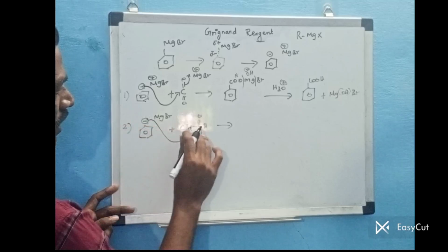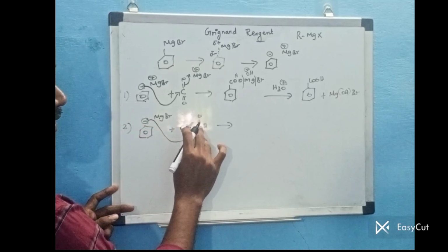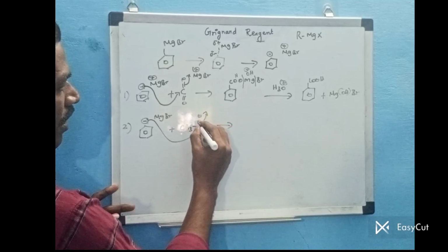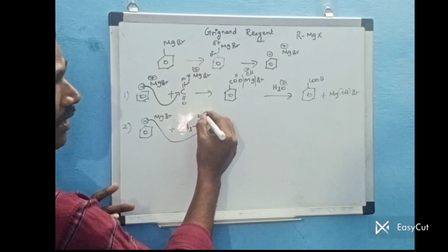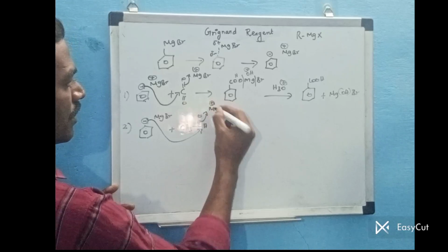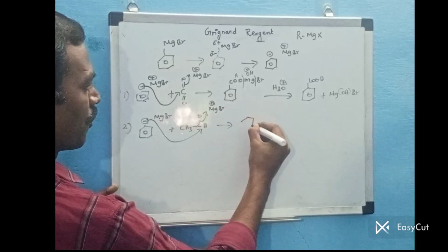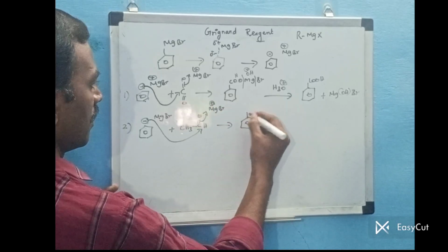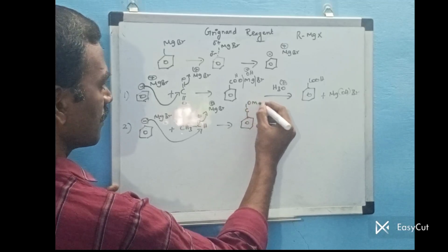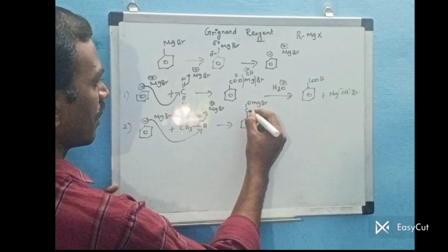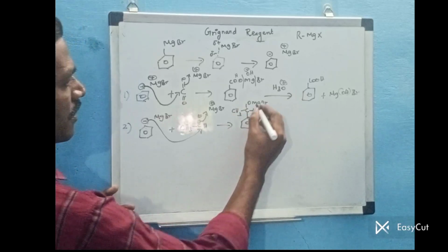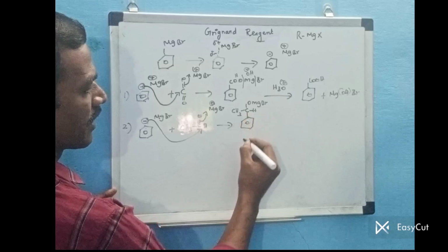The phenyl anion directly attacks the electron deficient carbon center, followed by carbon-oxygen double bond cleavage and positively charged species abstraction to form the corresponding intermediate, like OMgBr, hydrogen, CH3. This is a magnesium alkoxide intermediate.